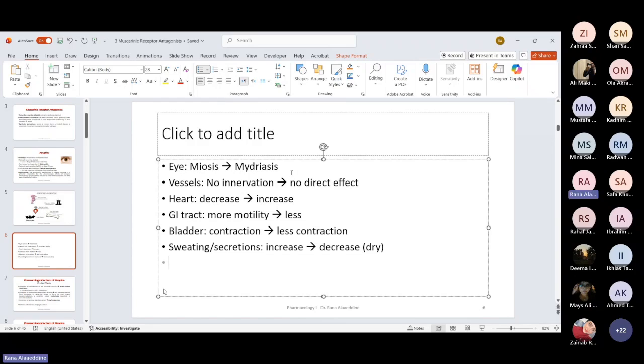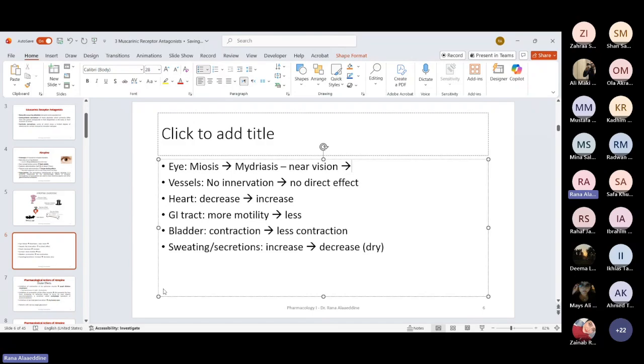Okay, so guys, I forgot to ask you something else here. In the eye, what's the effect of the muscarinic on the near vision or far vision? Near vision. Okay, so if I block this, that doesn't mean the person is going to see far. But what's going to happen to near vision if I block this?